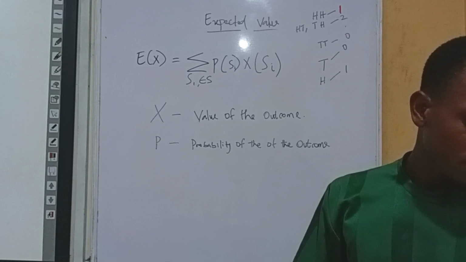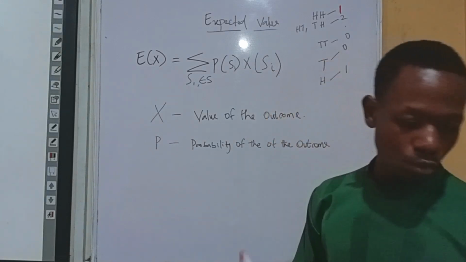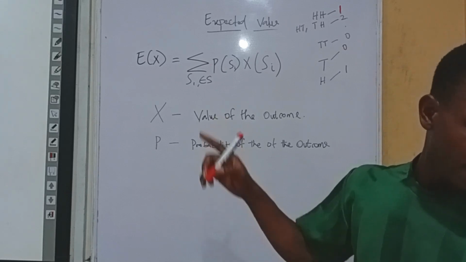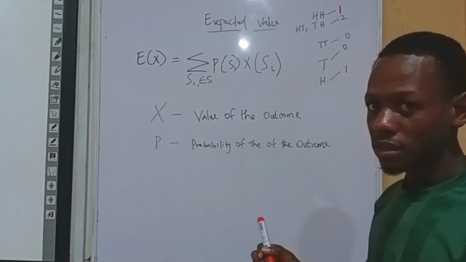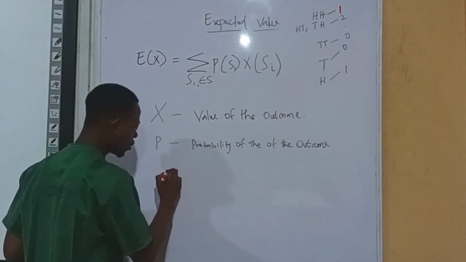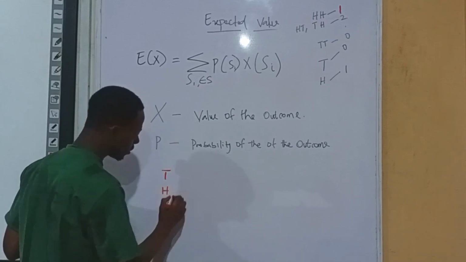If a fair coin is flipped once, what is the expected value of the random variable x given as the total number of heads? From the explanation the other time, if it's flipped once, you have a tail or you have a head.